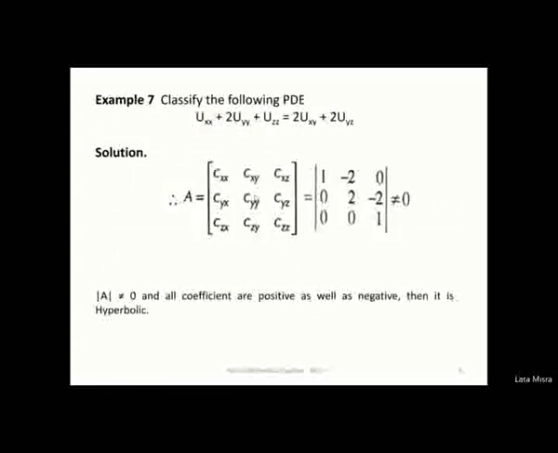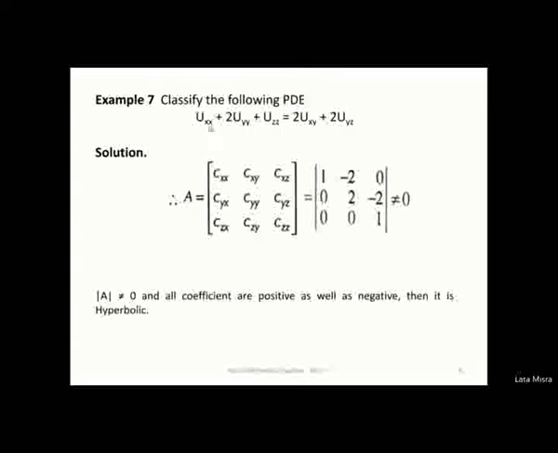Here we have another example, that is uxx plus 2uyy plus uzz equals 2uxy plus 2uyz. So we take 2uxy plus 2uyz to the left hand side, and then we find the coefficients.